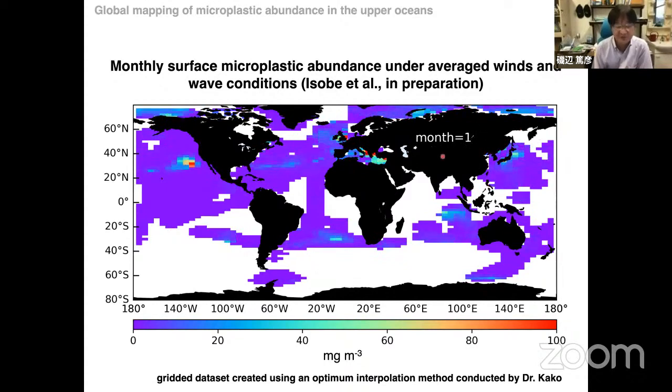And it's surprising for me that relatively dense microplastic is revealed in the Antarctic Ocean, as in the northern oceans.